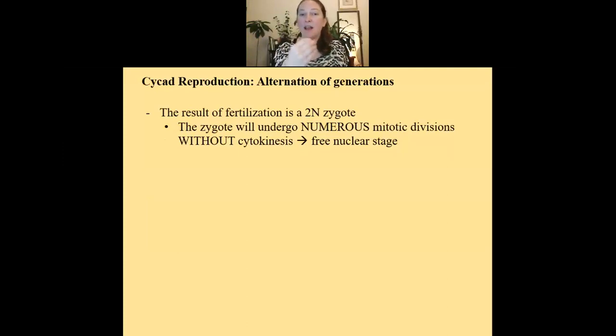However, that 2N zygote is actually going to undergo lots and lots of mitosis without any cytokinesis initially. And this is something we call the free nuclear stage.